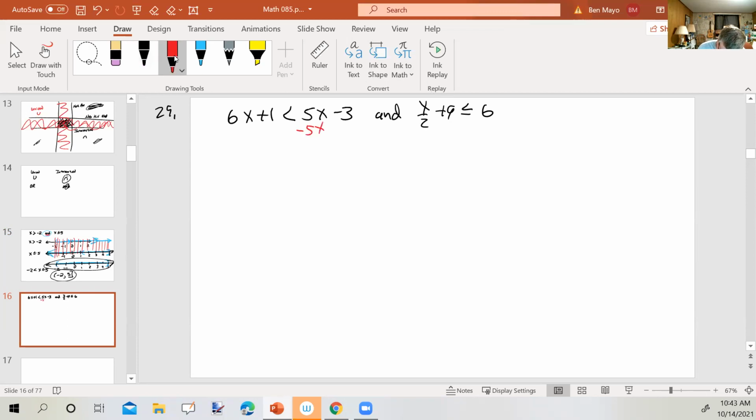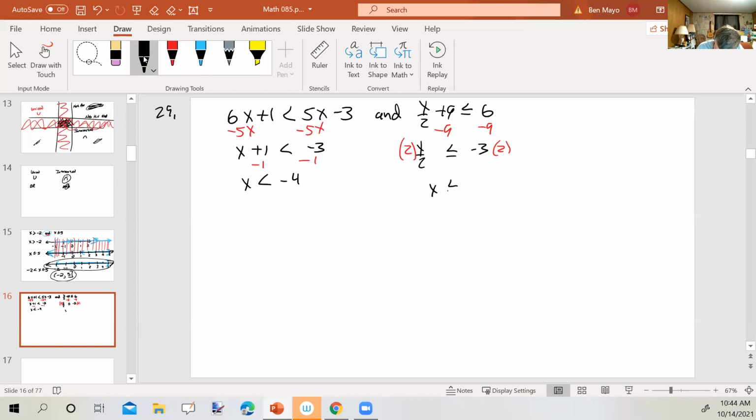So I'm going to subtract 5x from both sides, which gives me x plus 1 less than -3. Then I'll subtract 1 from both sides, x less than -4. Then the second one, I'm going to subtract 9 from both sides. So I get x over 2 less than or equal to -3. I'm going to multiply both sides by 2. So I get x less than or equal to -6. And I'll bring the and down. So now the two inequalities have been solved.